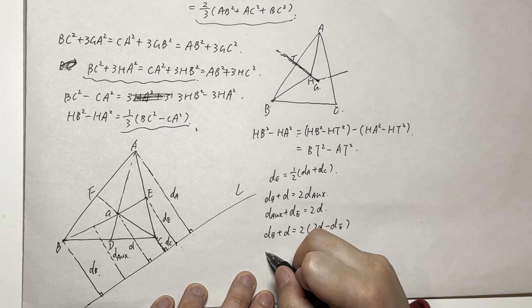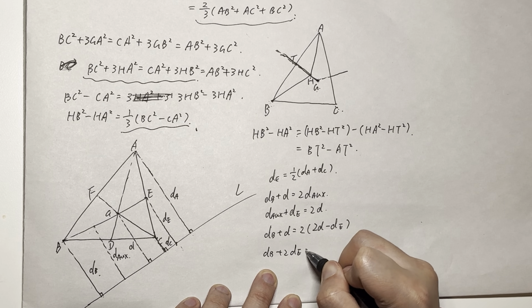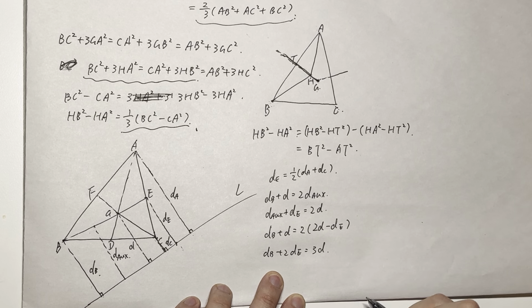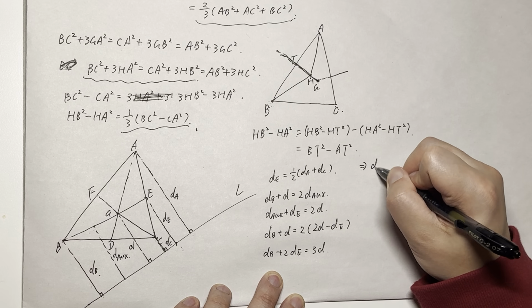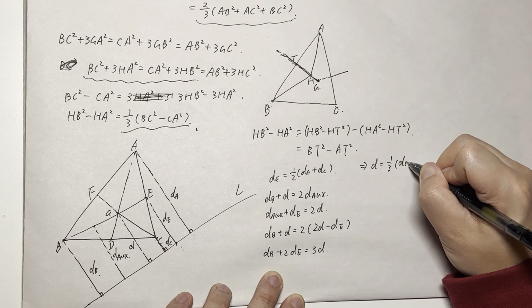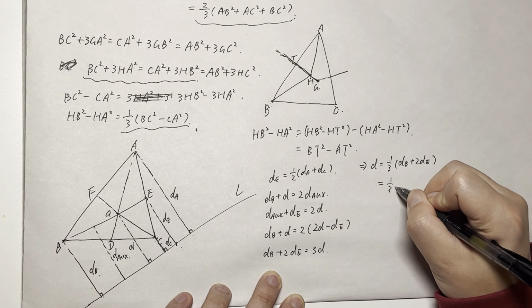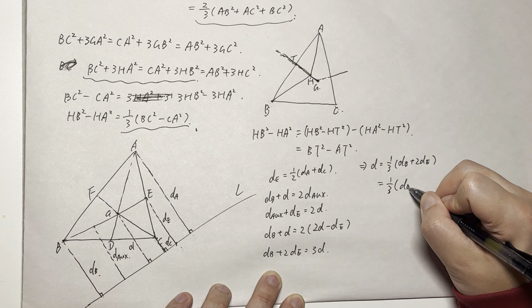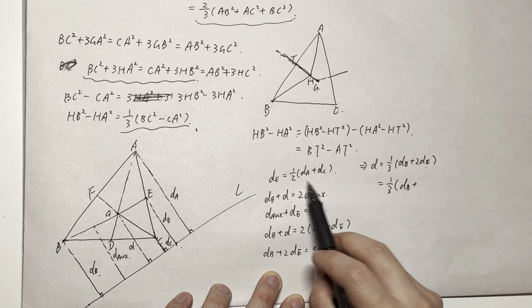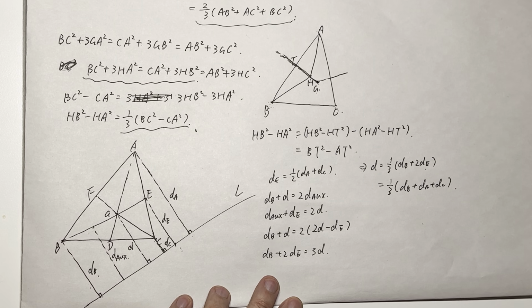So DB plus 2DE equals 3D, which means D equals 1/3 of (DB plus 2DE), which equals 1/3 of (DB plus DA plus DC), right?